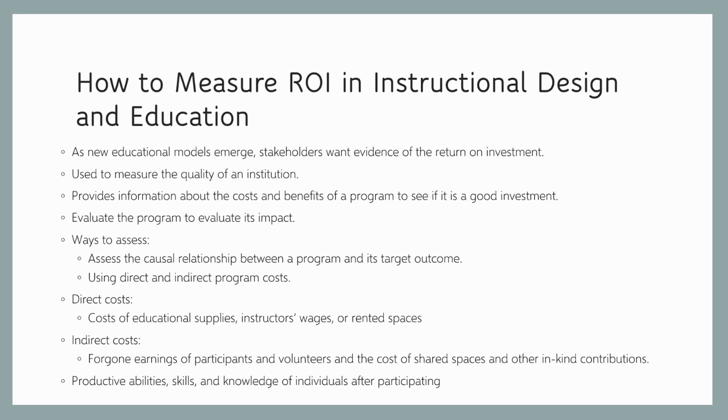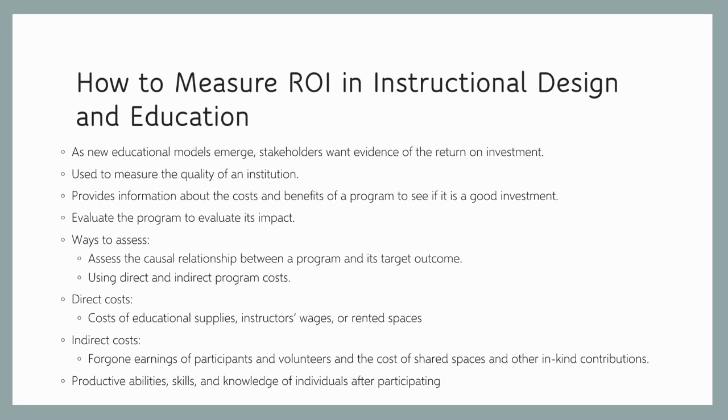I believe that of these models, the CIPP model would be the most beneficial for helping determine the return on investment. The CIPP model stands for Context, Input, Process, and Product. The last step of Stufflebeam's model is a product evaluation, which focuses on the success of the innovation or program in producing the desired outcome.